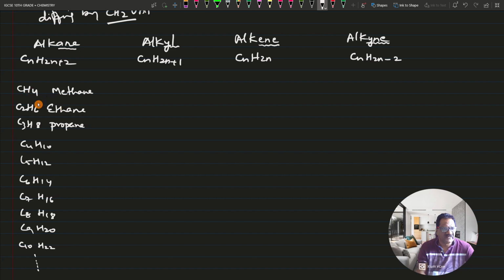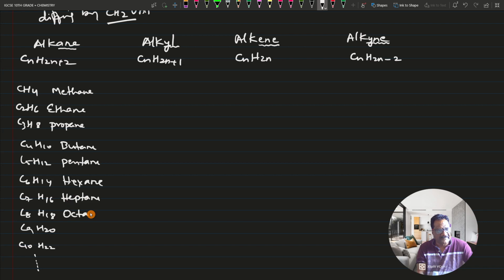Methane means 1 carbon atom, ethane means 2 carbon atoms, propane is 3, butane is 4, then pentane is 5, hexane is 6, heptane is 7, octane is 8, nonane is 9 carbon atoms, and decane is 10 carbon atoms. Is that clear?